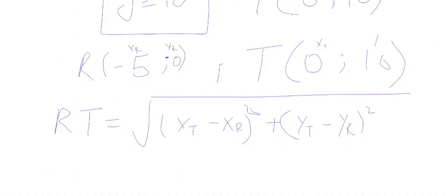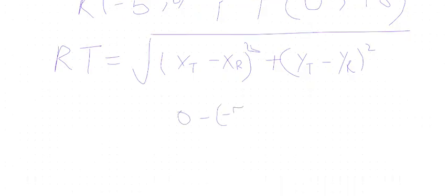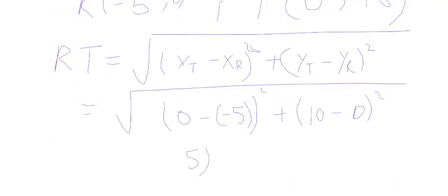So we have 0 minus minus 5, squared, plus 10 minus 0, squared, all under the square root. Minus 5 becomes positive 5, so 5 squared plus 10 squared, taking the whole square root.